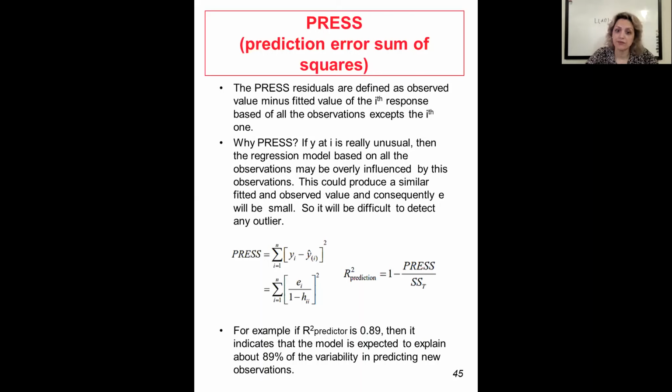For example, if the R square of prediction is 0.89, then it indicates that the model is expected to explain about 89% of the variability in predicting new observations. So PRESS helps us find the R square for prediction.